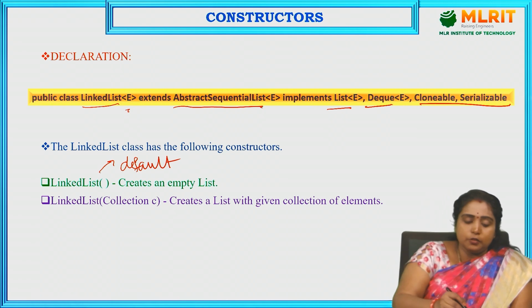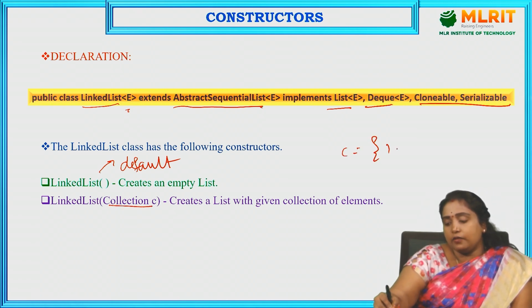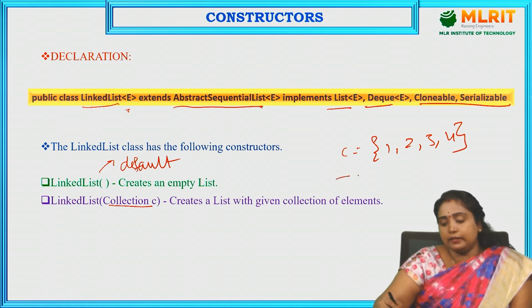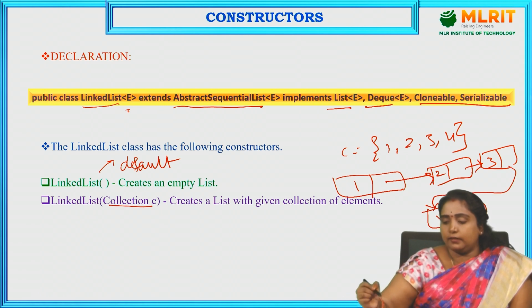And you can have a collection of values, for example 1, 2, 3 and 4. Whenever it creates the linked list, it will create a list like this.